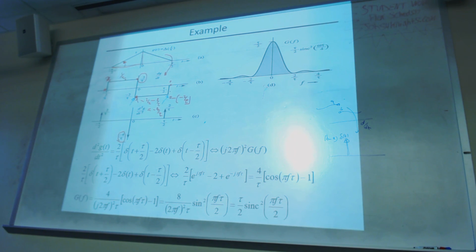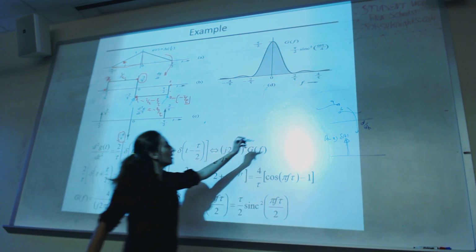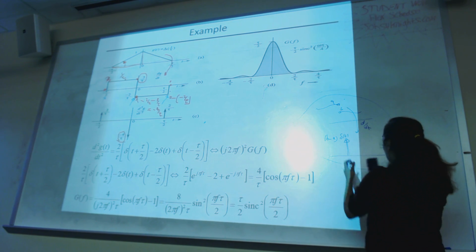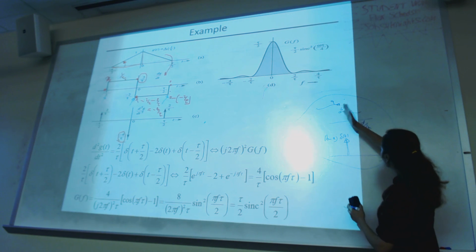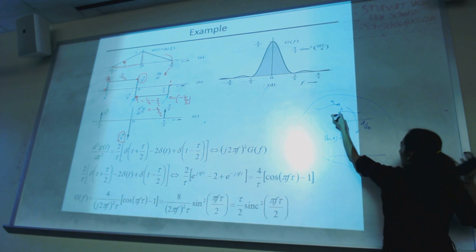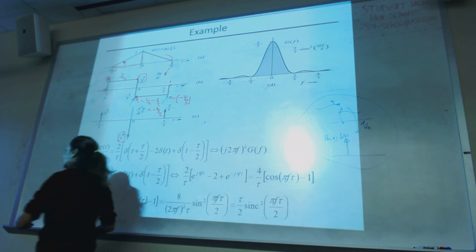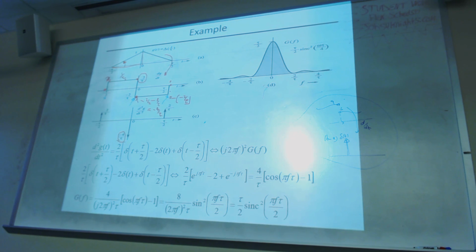So please write this down again, this might be helpful. When you have a discontinuity and you take the derivative, it's like the plus and minus, the right and the left, B minus A. Find the corresponding delta. Okay, good.